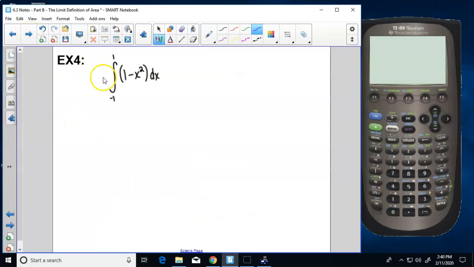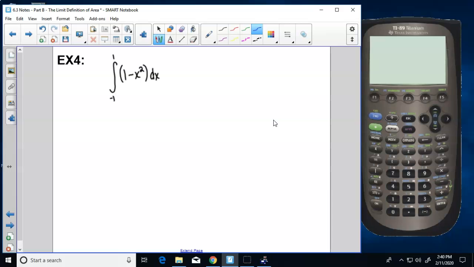So if we see a problem like this, the integral from -1 to 1 of 1 minus x squared dx. Okay, this means the area underneath the curve from -1 to +1 of 1 minus x squared.